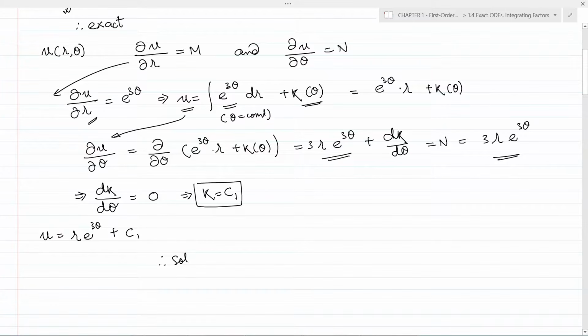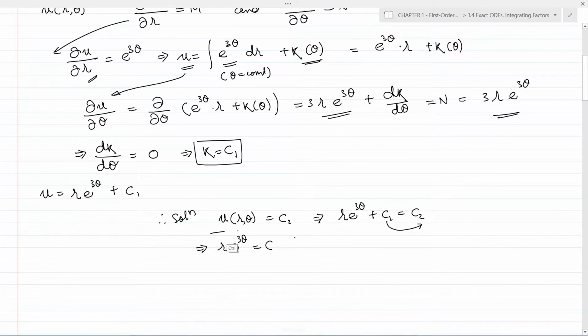So the solution is u of r theta equal to a constant, assume it c2, which implies r e to the power 3 theta plus c1 equal to c2, which implies r e to the power 3 theta equal to a constant, by taking c1 to the right hand side. And this is the solution of the differential equation in implicit form.